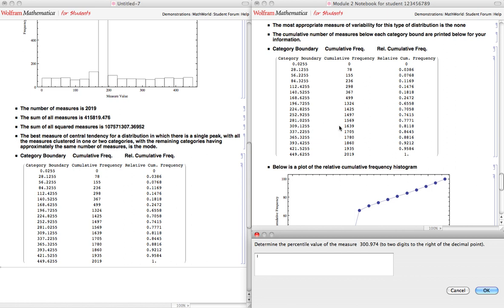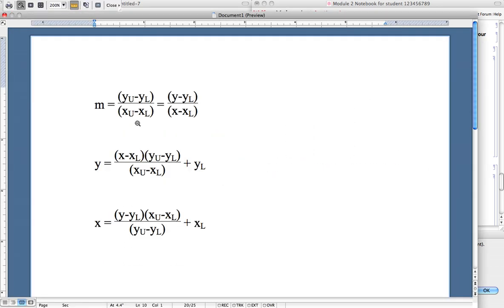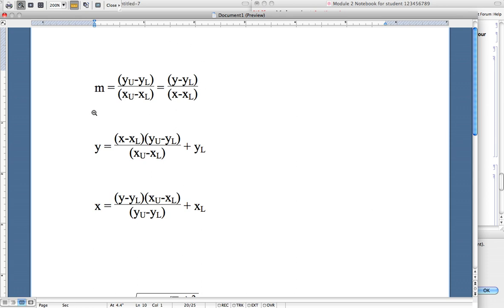That means that the percentile value that corresponds to 300 point whatever that measurement was lies between 0.8118 and 0.7771. The way to figure it out is to use the equations you were given for linear interpolation. This is the equation that we use.